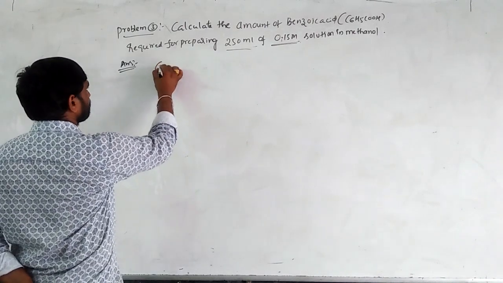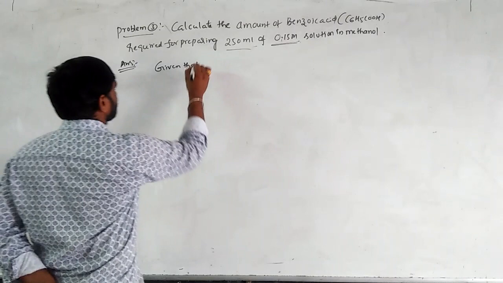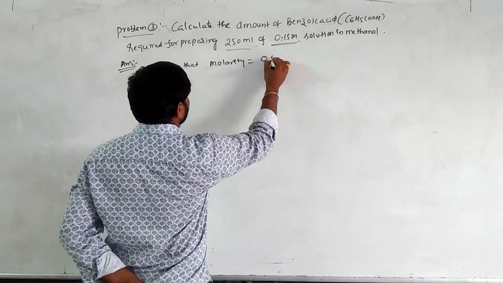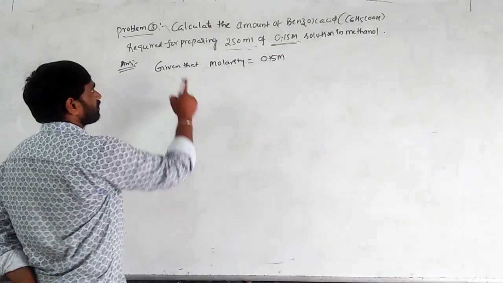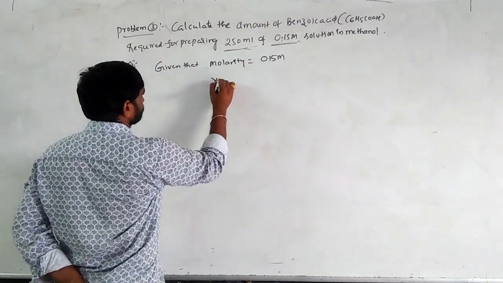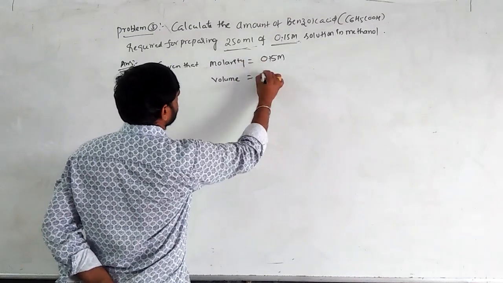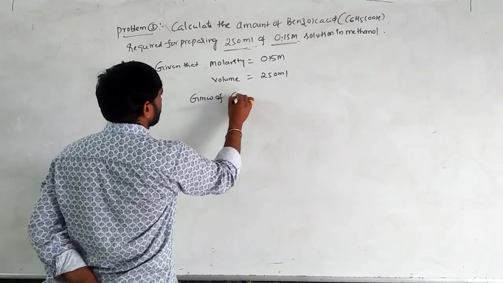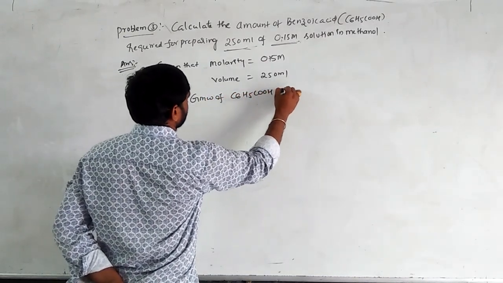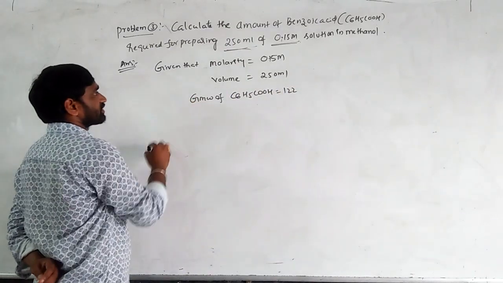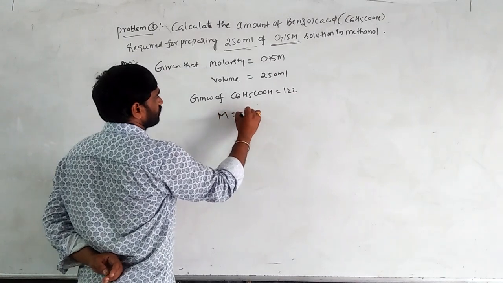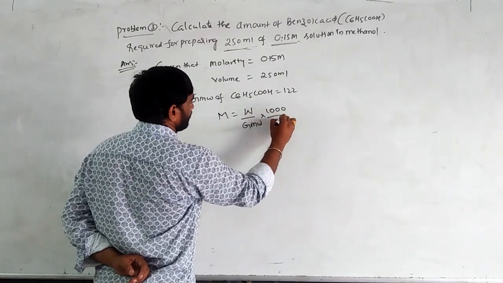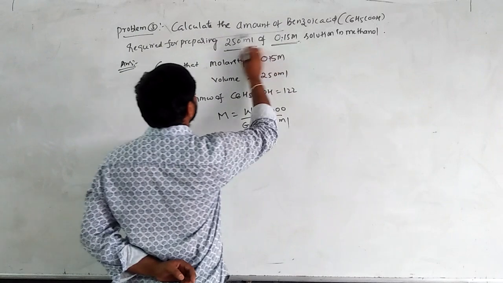So see students, given that molarity equals 0.15 M, volume equals 250 ml, and gram molecular weight of benzoic acid equals 122. Molarity equals weight by gram molecular weight into 1000 by V in ml. Here we calculate the amount of benzoic acid.